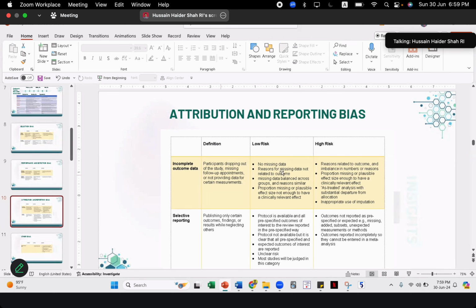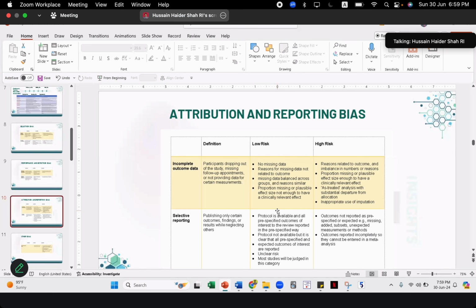But if there is no missing data, or if the reasons for the missing data are not related to the outcome, or if the missing data has no effect on the outcome we are studying, or if the missing data is balanced across both groups, if an equal amount of data is missing from both groups, again this will be low risk. Or the proportion missing or plausible effect is not enough to have a clinically relevant effect.